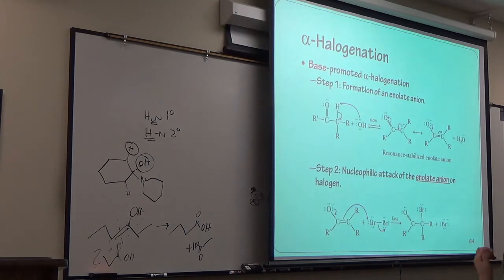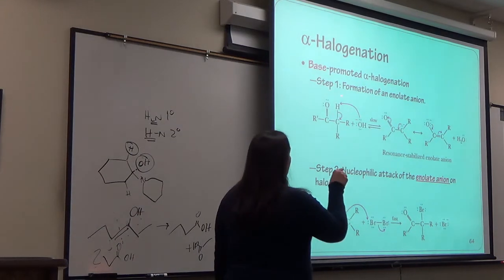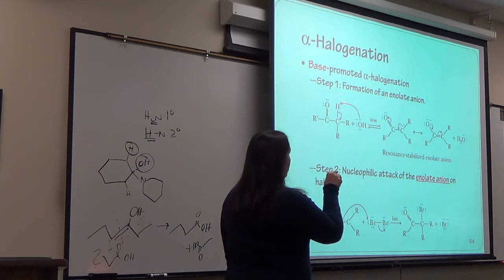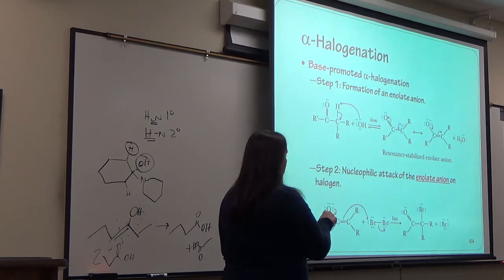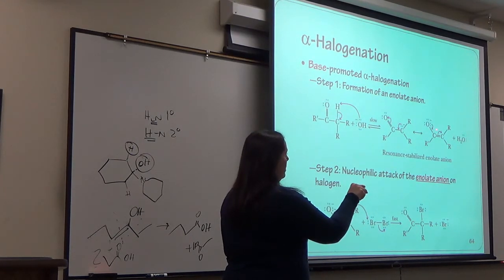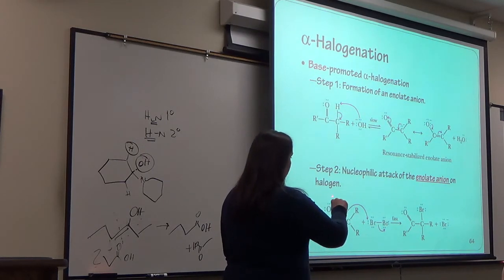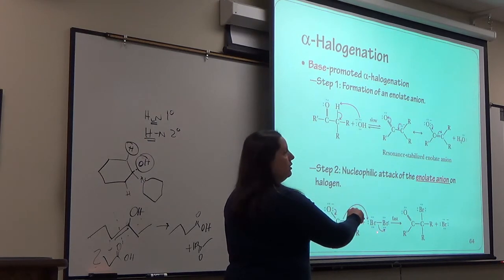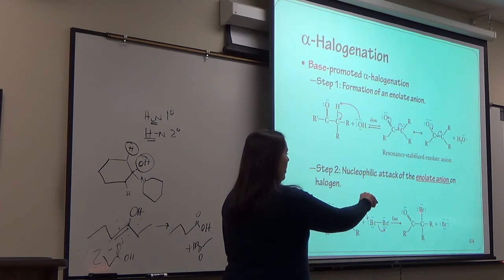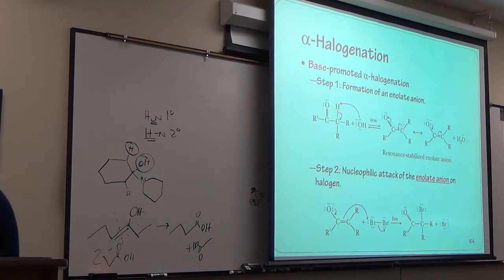That's acid catalyzed. What would happen if this was base catalyzed? Well, if it's base catalyzed, then I deprotonate first. I'm going to remove the hydrogen from the alpha carbon, remember that's an acidic hydrogen. Then you'll form this double bond, the enol form, and that goes into the second step. Again, the double bond will form between the carbon and the oxygen, and the double bond will pick up the bromine. You get the product with the halogen at the alpha position.